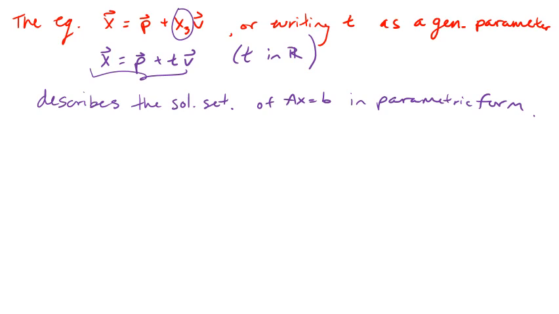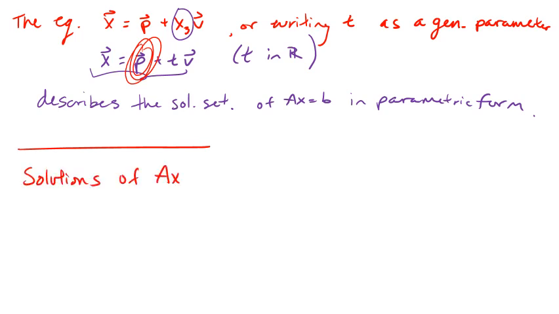So the only difference from example 1, if you went back and referred to example 1, is that we are adding on this P. So the solutions of this are obtained by adding the vector P to the solutions of this.